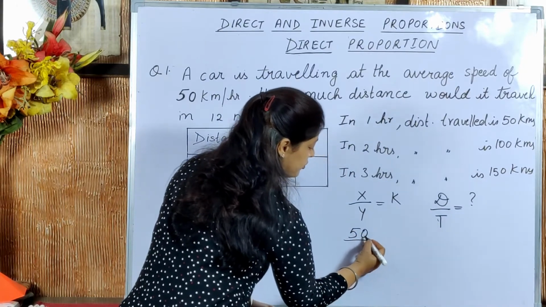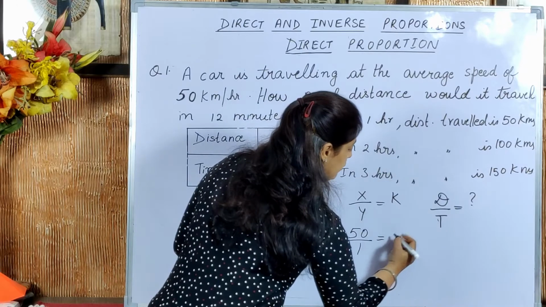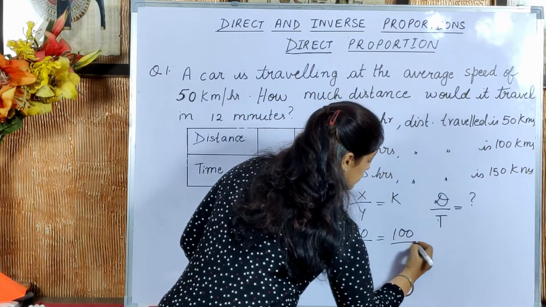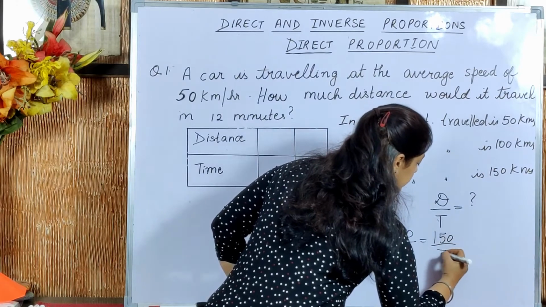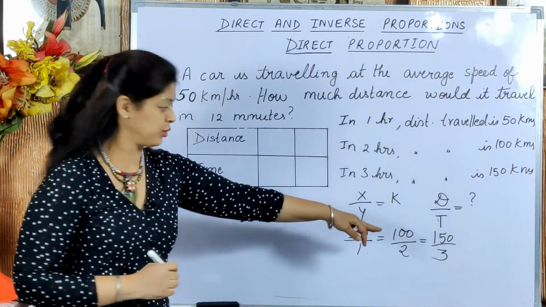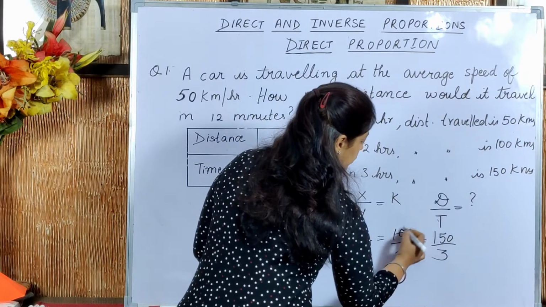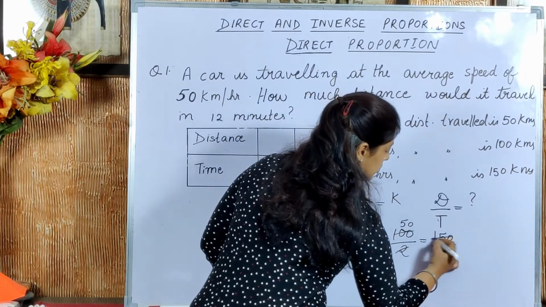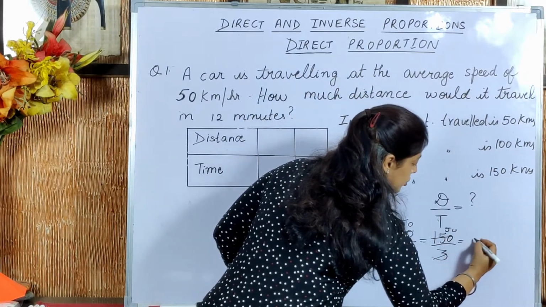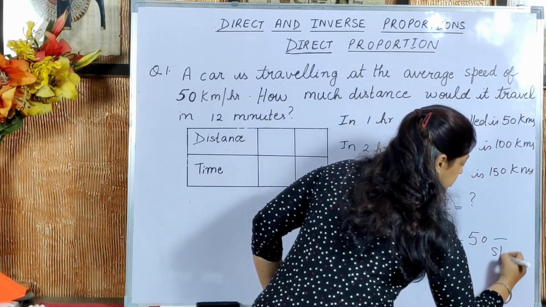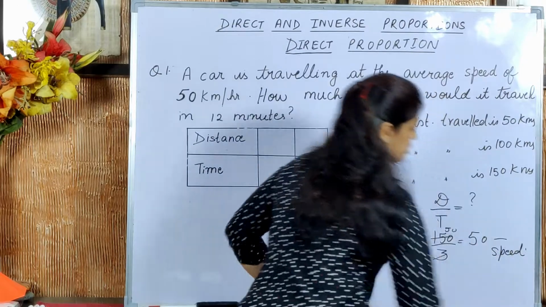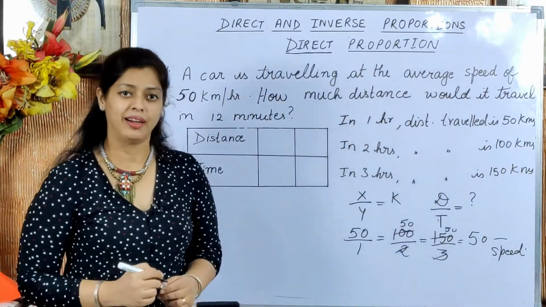The distance traveled is 50 in 1 hour, which is equal to 100 in 2 hours, which is equal to 150 in 3 hours. If we reduce all these ratios, we get 50 in each case, which is equal to the constant of speed. Here the speed is constant at 50 kilometers per hour.